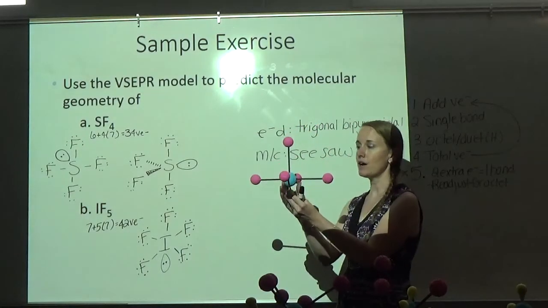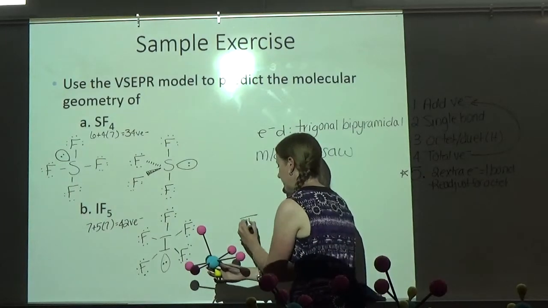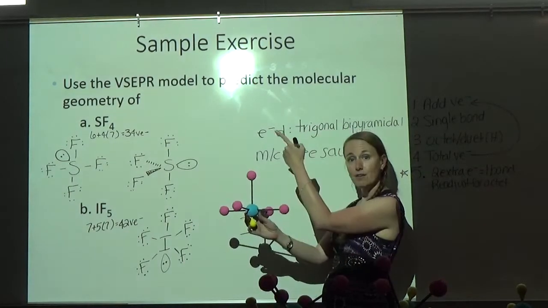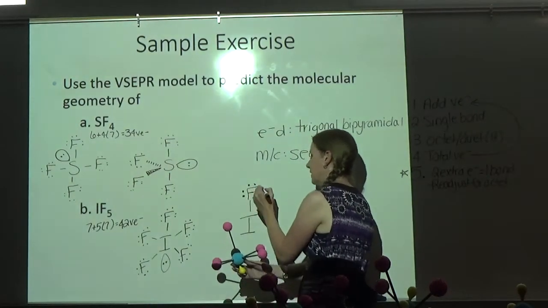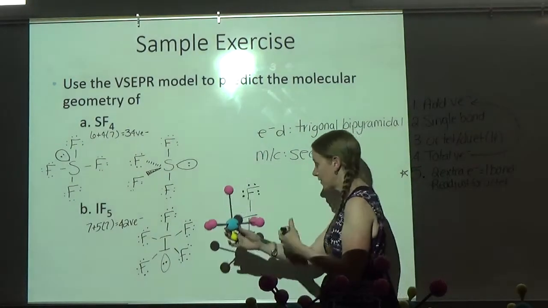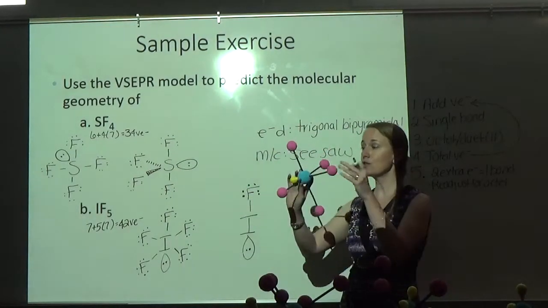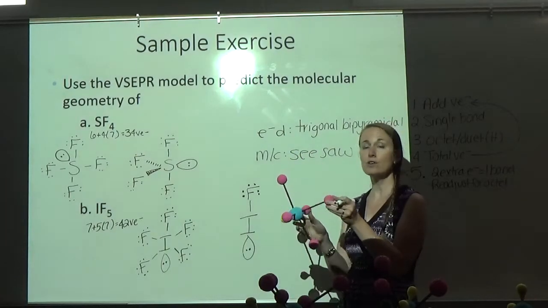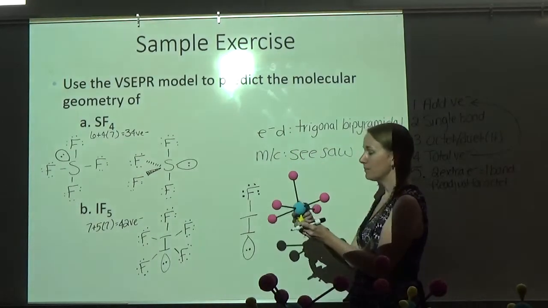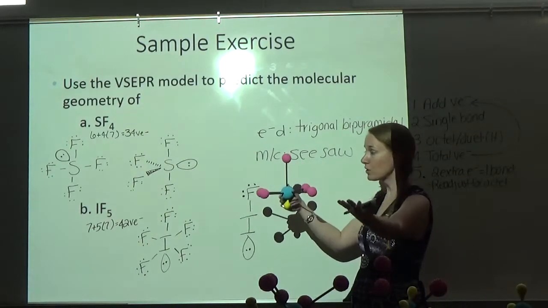So let me follow this shape. I'm going to start with my I in the center. I'm going to do 1 F going up. I'm going to do my lone pair going down. And y'all, on this one, technically it doesn't matter where your lone pair is. Your lone pair could be up, it could be pointing towards you, it could be anywhere. Then if you look, I have 2 F's, one on each side coming towards y'all.